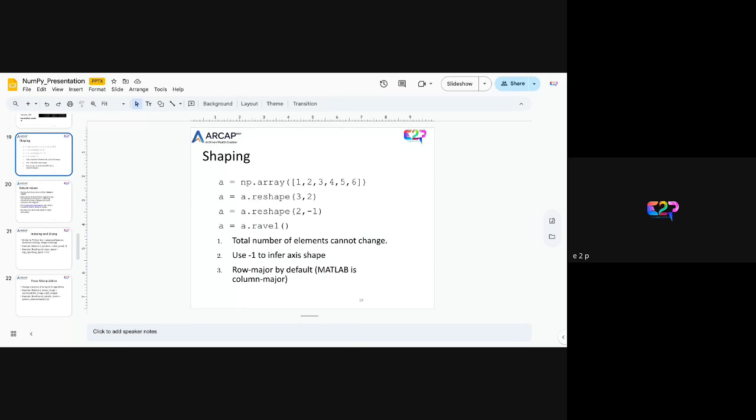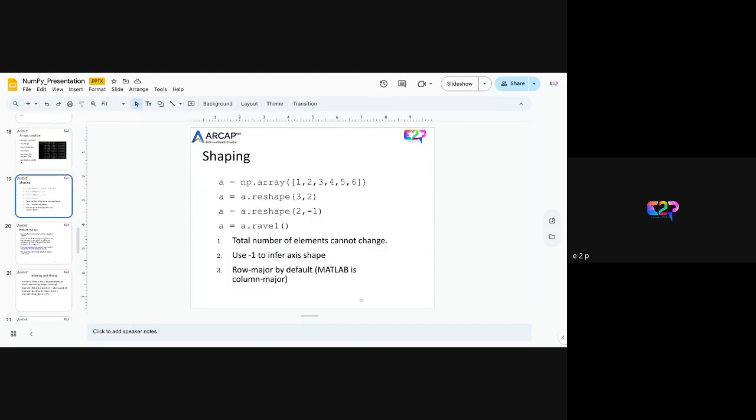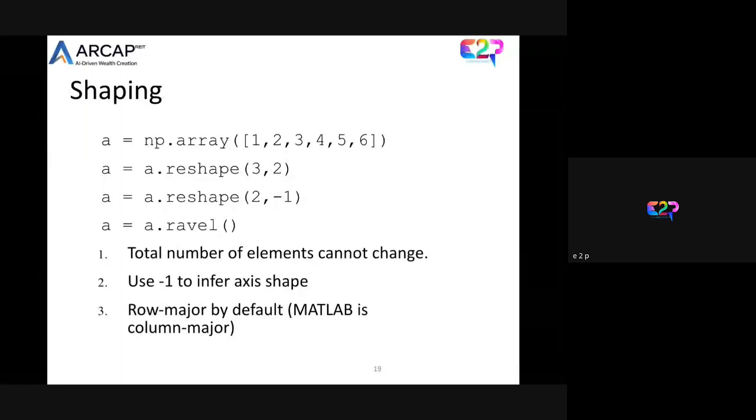Here, this is creation. This is shaping. What we are doing here is reshaping the array. Initially, the array A is unidimensional, right? That we are reshaping into 3 by 2.